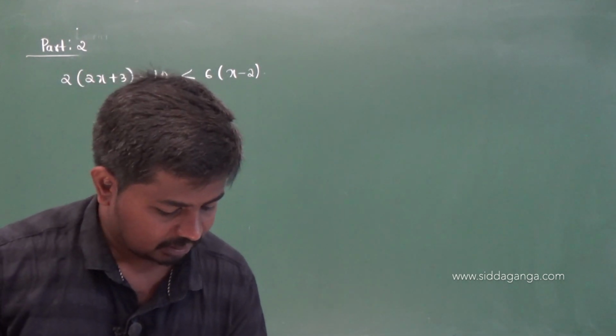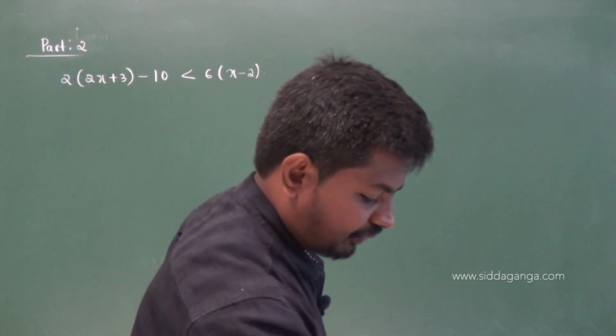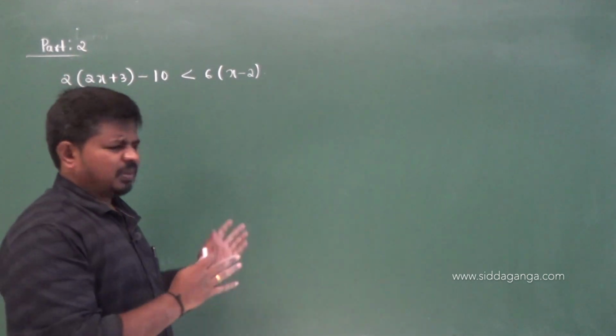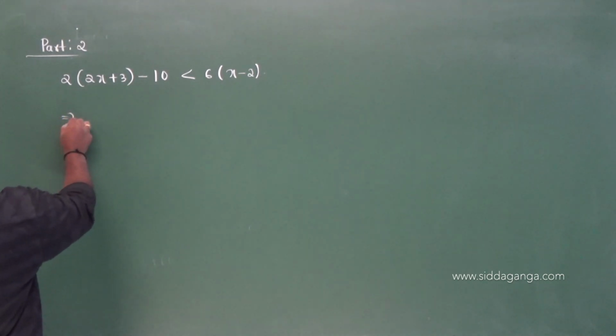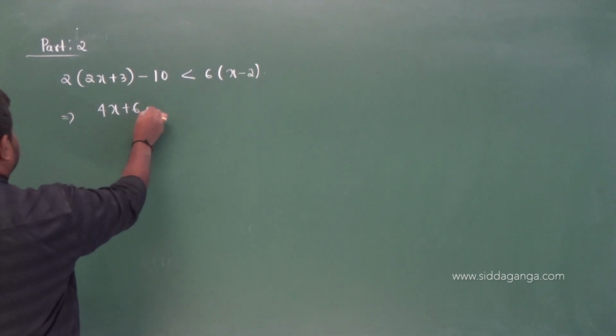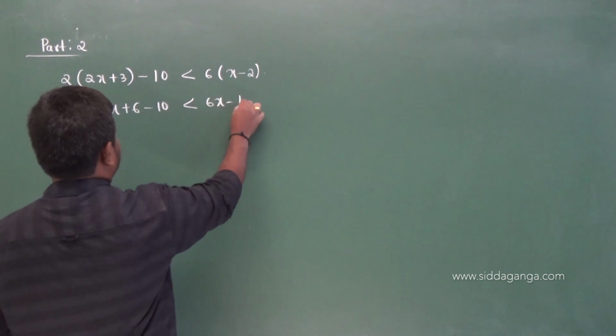A simple one. No need to get confused here. As I said before, you just simplify this, that is it. Simplify and make x single. So here, 4x plus 6 minus 10, and 6x minus 12.